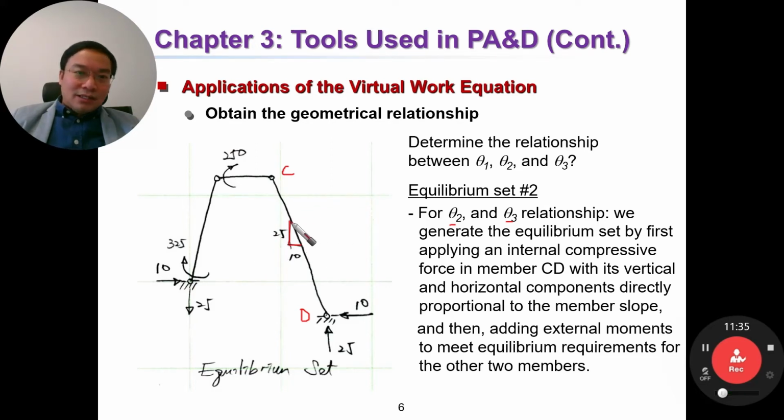So let's say this force can be divided into two components, vertical and horizontal.